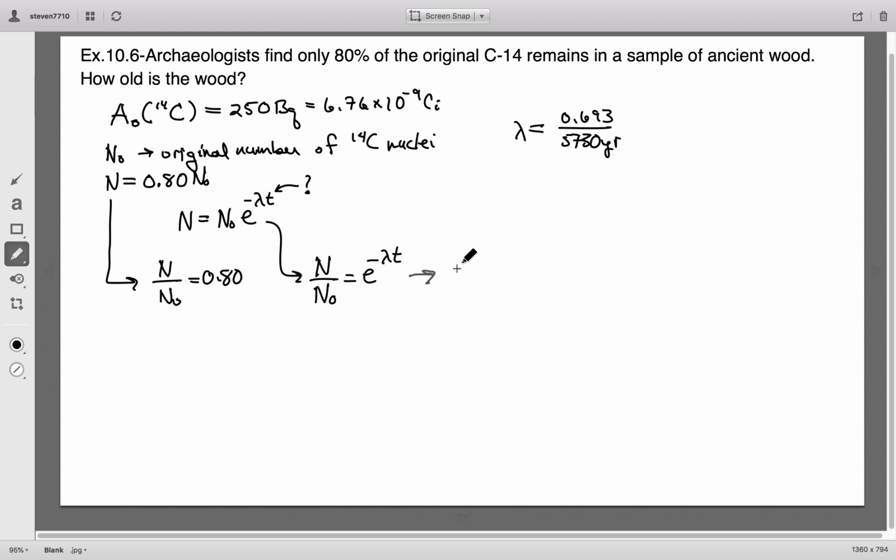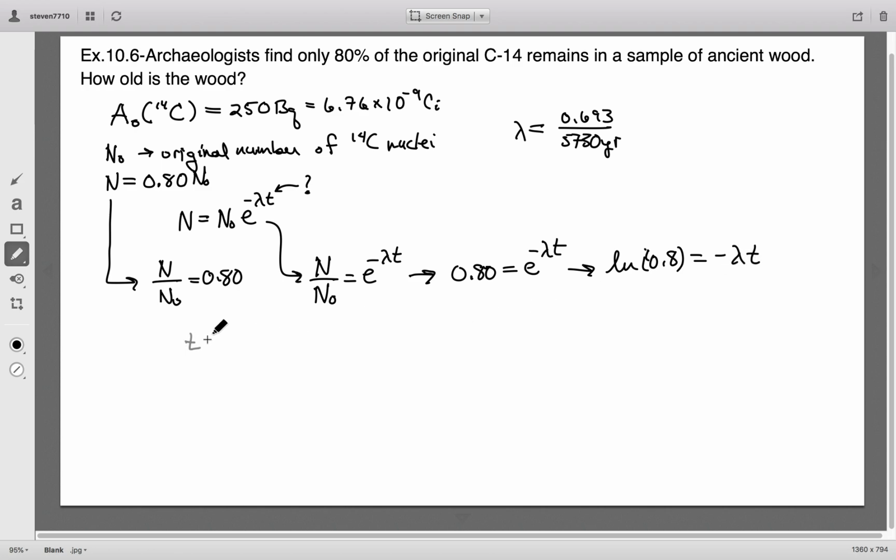So 0.80 equals e to the minus lambda t. How do we isolate t? We take the natural log of both sides. We get the natural log of 0.8 is equal to the ln of e to the minus lambda t, or just minus lambda t.